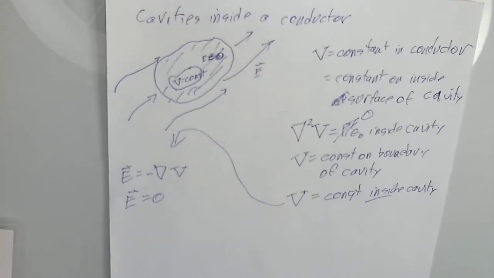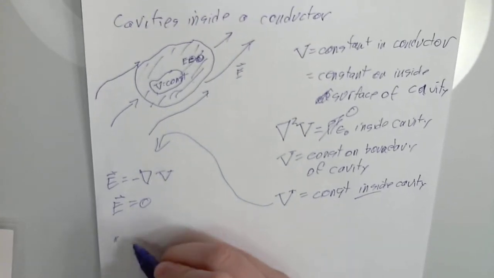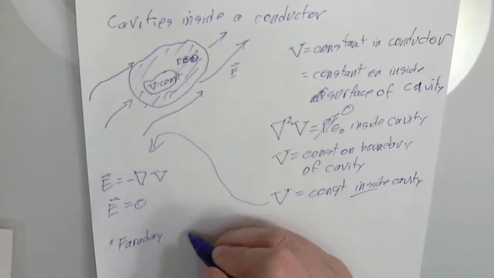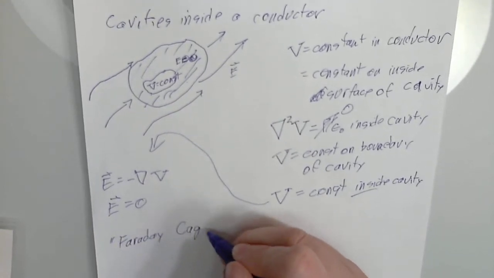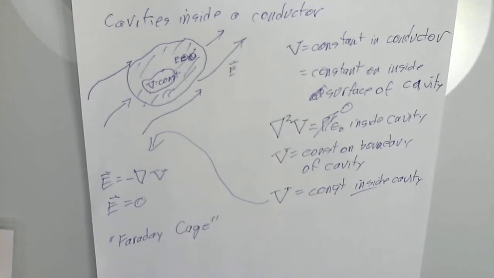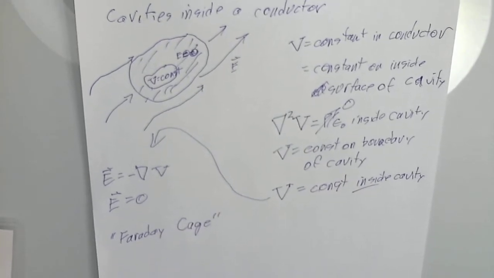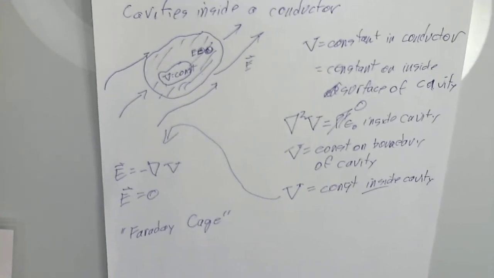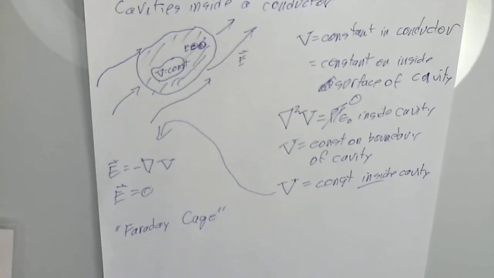This is the important principle behind the idea of the Faraday cage, which says that you can protect yourself from electric fields by putting yourself inside a metal container.